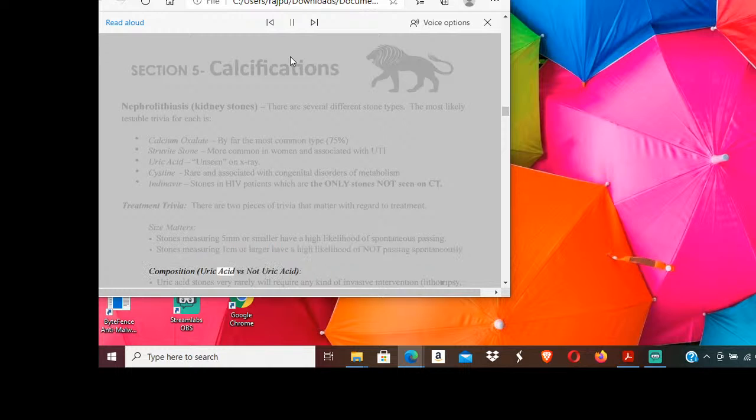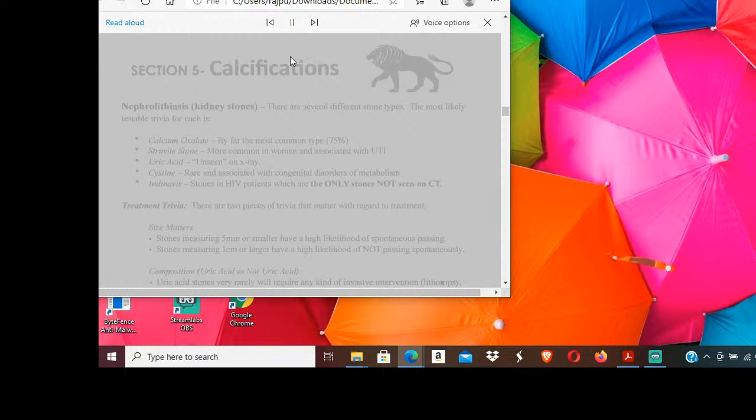Composition: uric acid versus not uric acid. Uric acid stones very rarely will require any kind of invasive intervention, lithotripsy, etc. The reason is they are very pH dependent.